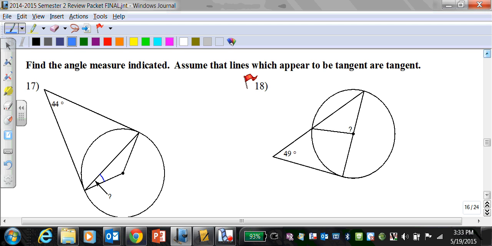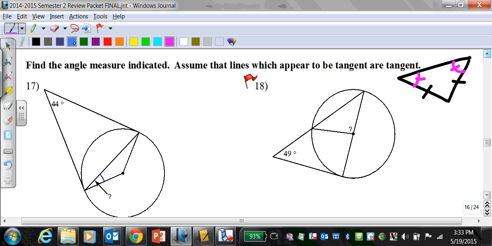It says, find the angle measured, assume the lines that appear to be tangent are tangent. Things you want to watch out for here, a couple things. Remember to watch out for isosceles triangles, because where you have two equal sides, you have two equal angles.